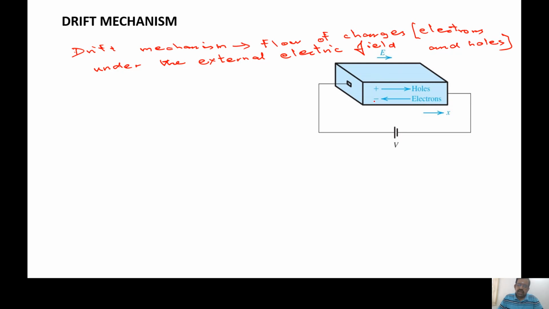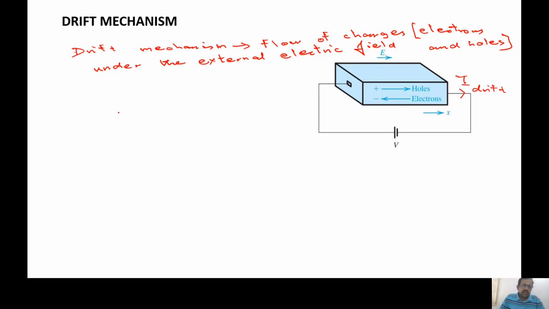Therefore, though the electrons move from right to left, the conventional current always flows from left to right, as shown here. Okay. So this is my drift current, that flows as a result of the action on the electrons and holes by the applied field.